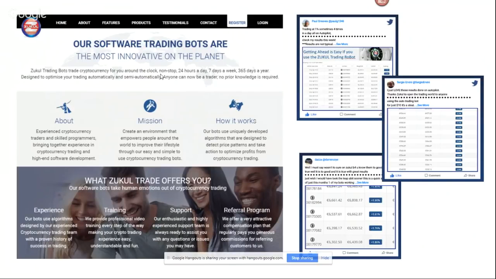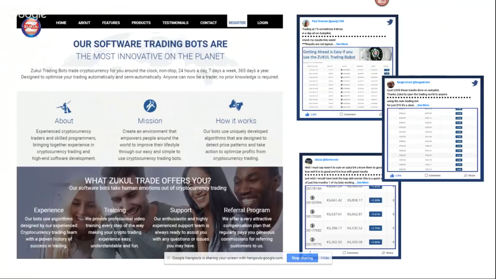We are now moving into cryptocurrencies at a pace, and we are creating auto trading bots at the moment. We have a fantastic auto trading bot which does cryptocurrencies. It will trade cryptocurrencies against fiat. It will also trade cryptocurrencies against cryptocurrencies, and it will also trade gold as well.